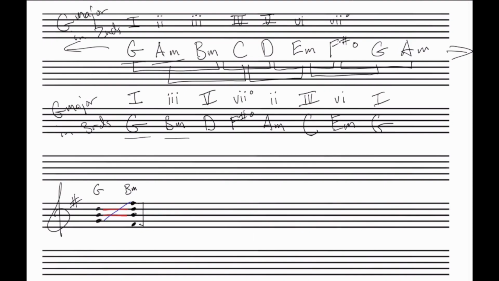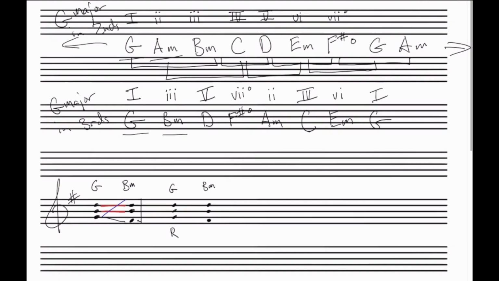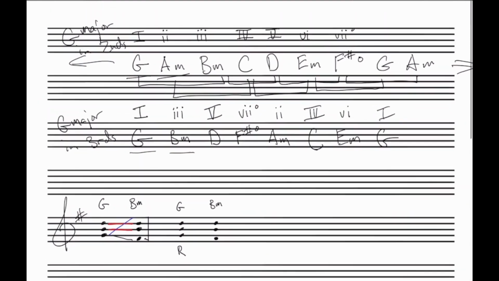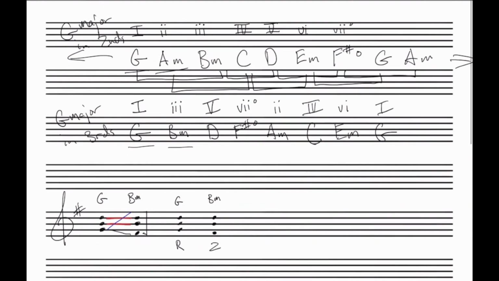And then let's see here if I can erase this. And we'll just erase this guy. There we go. So now all of a sudden we have this G moving downward to this F sharp here. So we end up with G here in root position, and then we move to this B minor, excuse me, in second inversion.